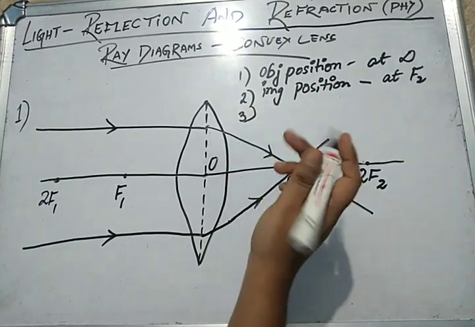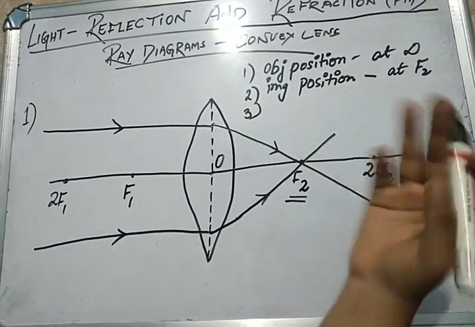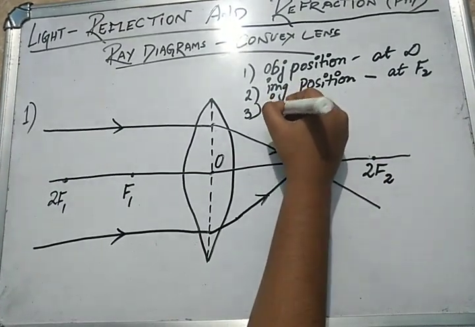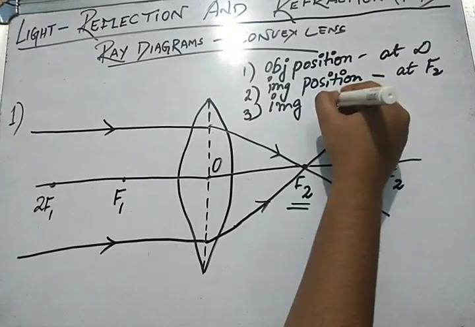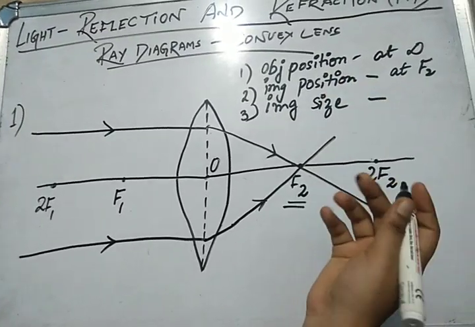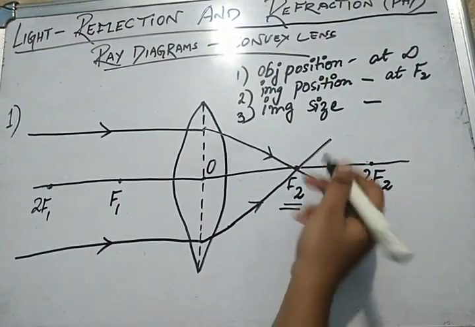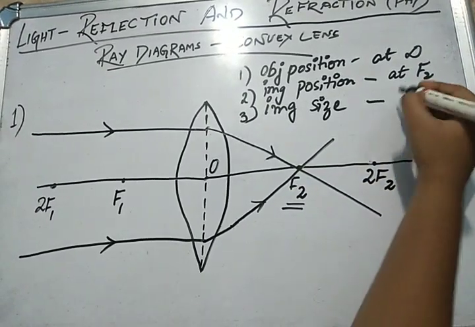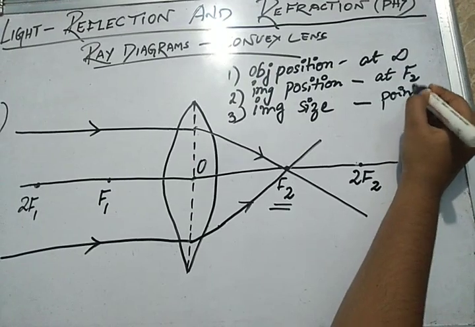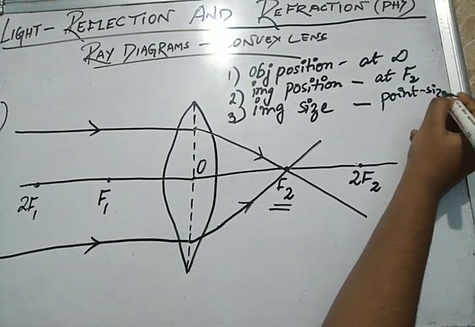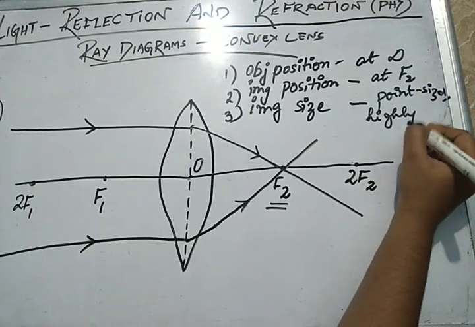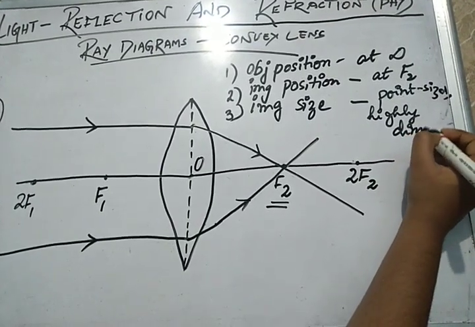Third one. How is the size of the image? Image size. It is point sized. It is highly diminished. See, very small, like a point. So it is point sized, or highly diminished.